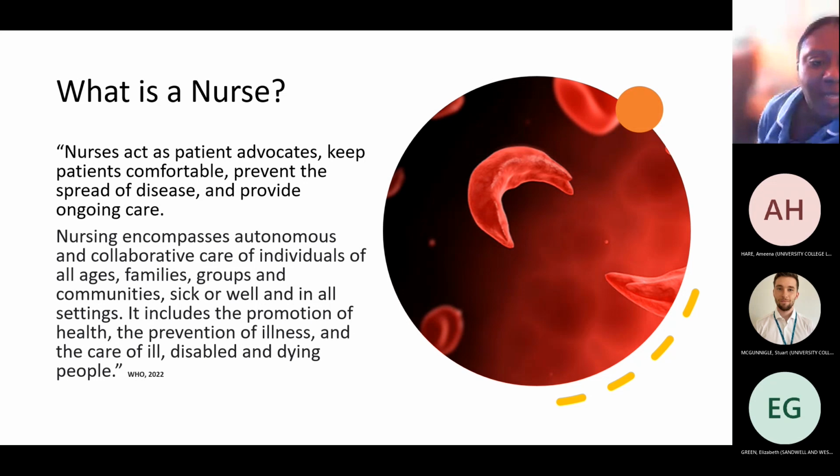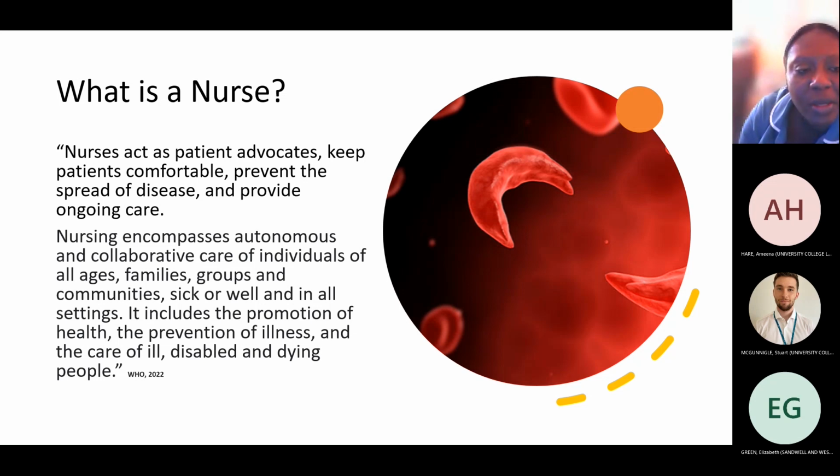So firstly, let us look at what is a nurse. There were so many definitions, to be honest, when I was looking for what is a nurse, but I think these two really do sum up what we do in our daily practice. Nurses act as a patient advocate, keep patients comfortable, prevent the spread of disease, and provide ongoing care.